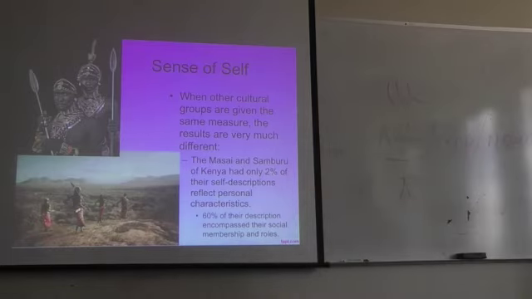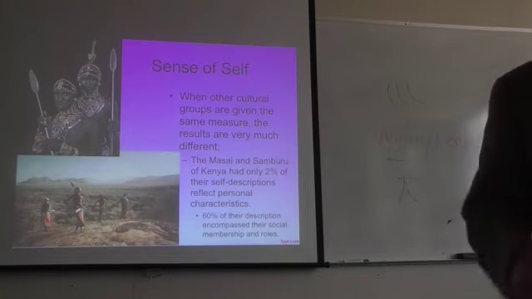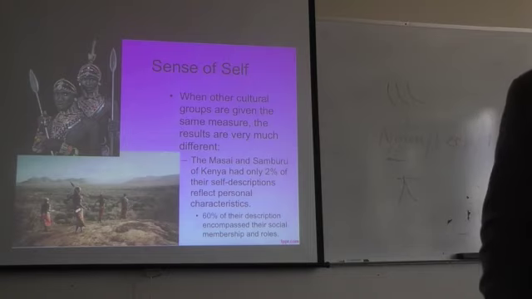So they would say, I'm a hunter, and I hunt for my group or something. I'm a healer, and this is who I am. I'm accepted as a fast person by my social group.